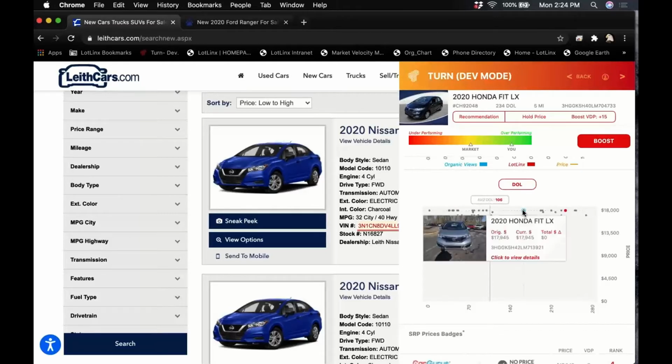And anytime you mouse over one of these dots, you can see a thumbnail of exactly what the competing car is. So you can see on another lot, here's a 2020 Fit LX and color. Its price is $17,945. And if I click on it, I can actually just deep link directly into that dealer's site to check out that car if I really want to know.